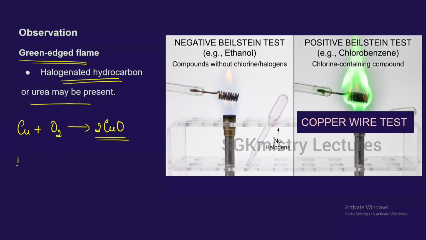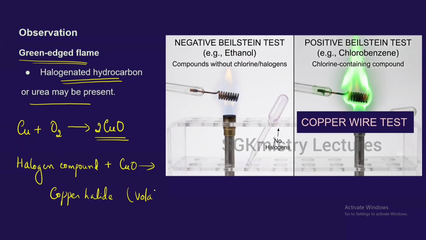Here, the halogen compound reacts with this copper oxide to give copper halide. This copper halide is especially volatile, because of which you can see the green edged flame. The copper halide that is formed imparts the green color to the edge of the flame.